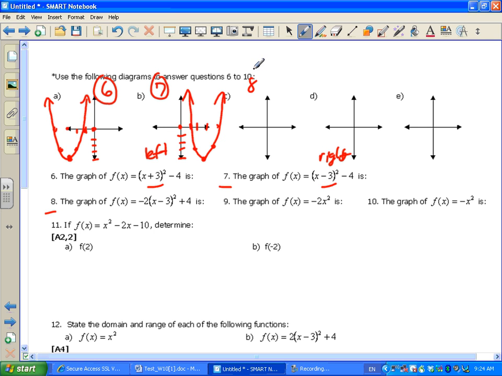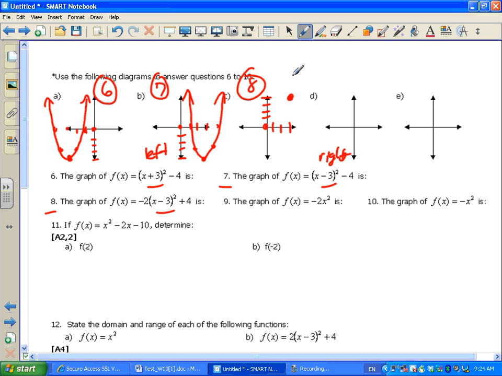Question 8. Which of these graphs? Okay, this one has a stretch. Once again, we move to the right 3 because it's negative 3, 1, 2, 3. And our k is positive 4. So our vertex starts up here. But it has an a factor of negative 2.